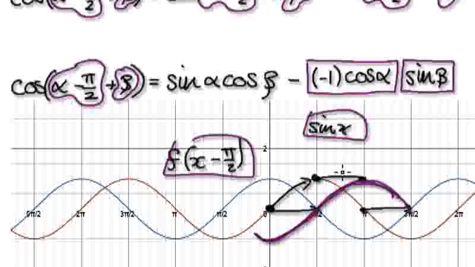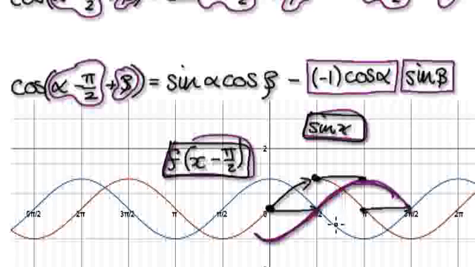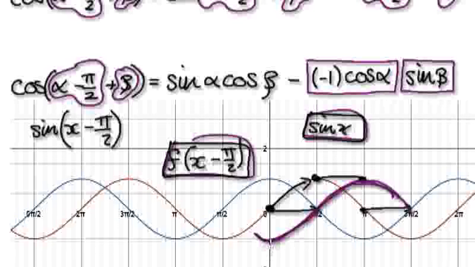But this purple line here is the negative version of the cosine. So starting at your sine of x, if you apply this transformation, you will have sine of x minus pi over 2. But sine of x minus pi over 2 is this purple line here, which is a negative version of the cosine of x.